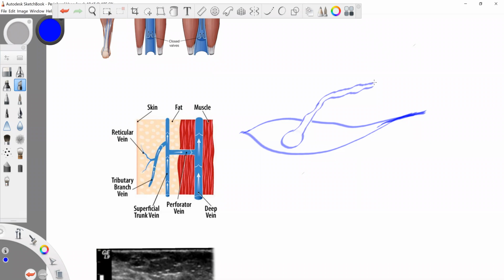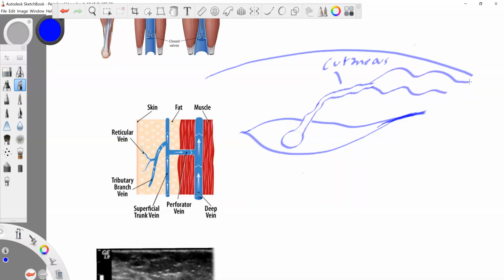Let's see, here's a patient's skin. This could be a cutaneous branch. As far as mapping is concerned, they're usually not of much concern, but they can become varicose veins, so really enlarged veins. And if they're enlarged, you could go ahead and mark them, although you could probably see them on the skin anyway. So these are some of the things that you could see.